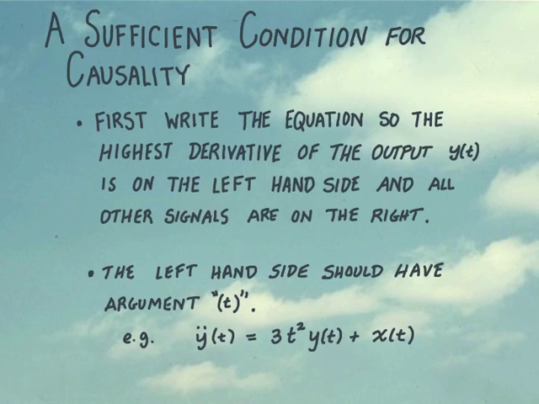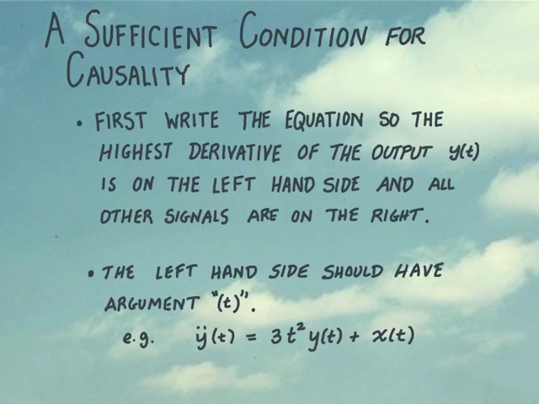I have put together a test which you can use to determine causality. Now this test is only a sufficient condition for causality. That means some causal systems may not satisfy this condition, but no non-causal systems should satisfy the condition. So, if this condition is satisfied, you can be confident the system is causal.